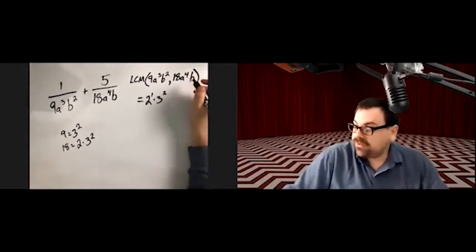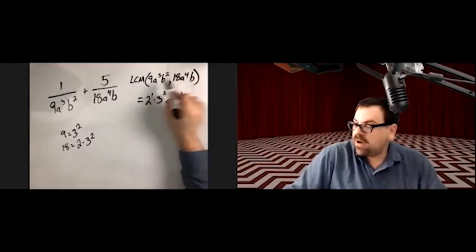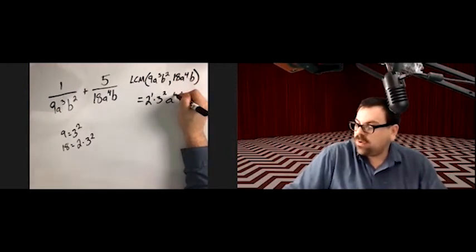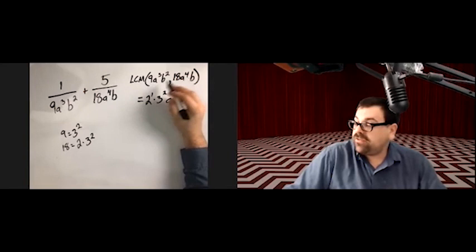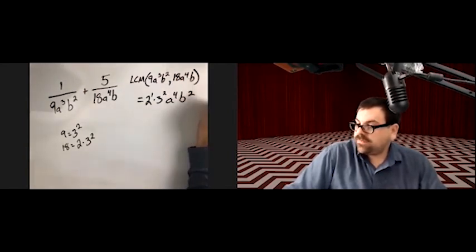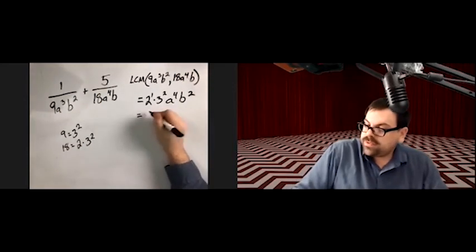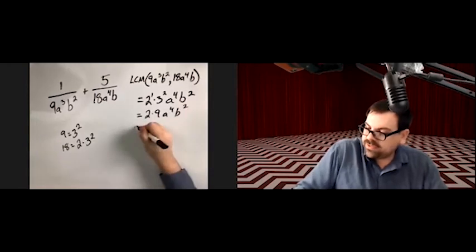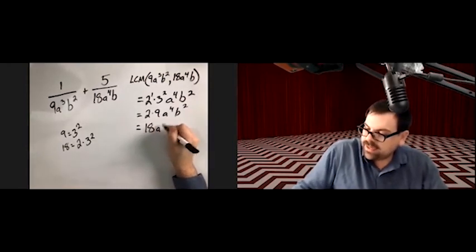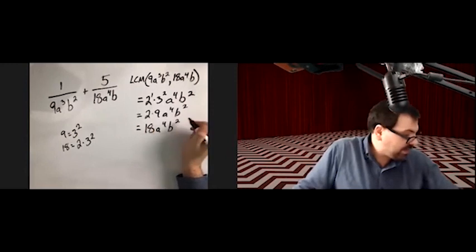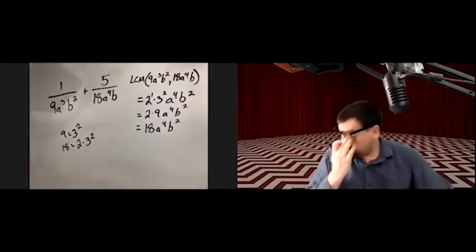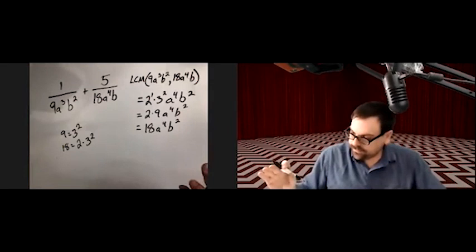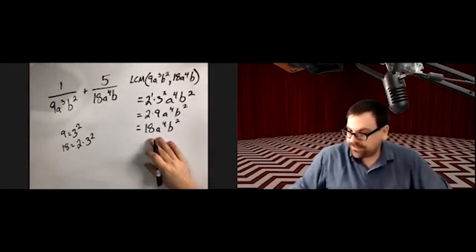We also have a's and b's. The highest power of a is a to the fourth. The highest power of b is b squared. So this is 18a to the fourth b squared. So that's the least common denominator.